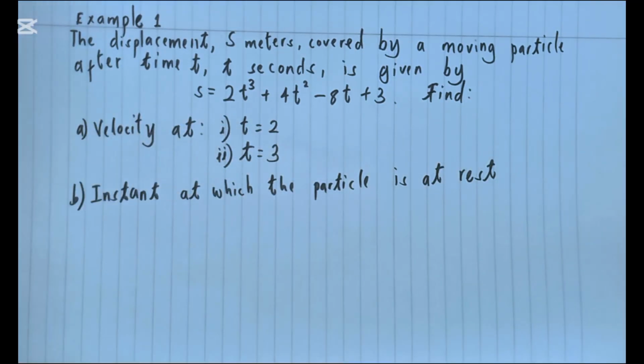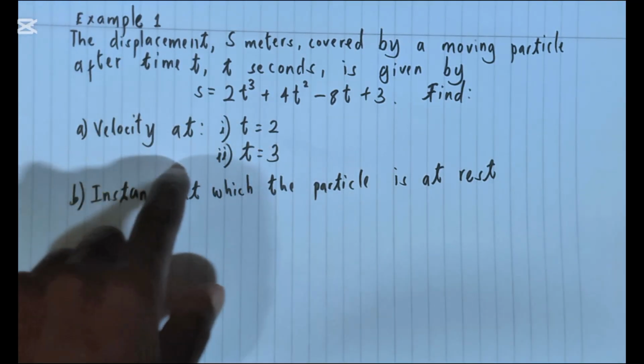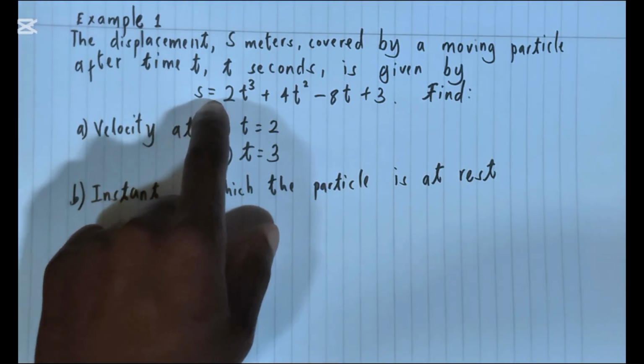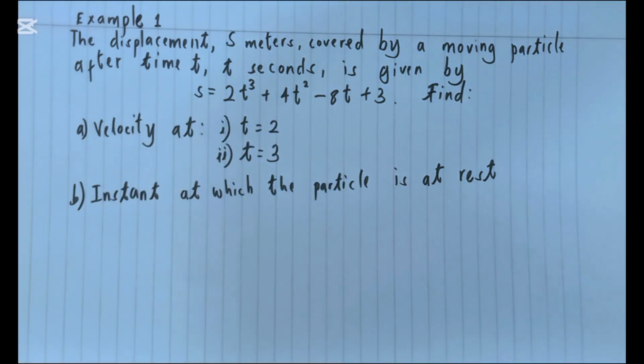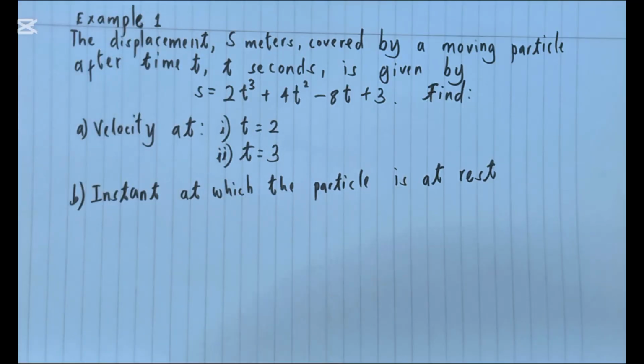Remember, to find velocity, we have to first differentiate displacement. When we differentiate our function s, we get a function describing the velocity of this moving particle.